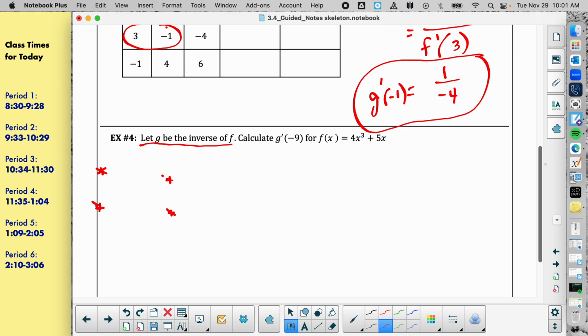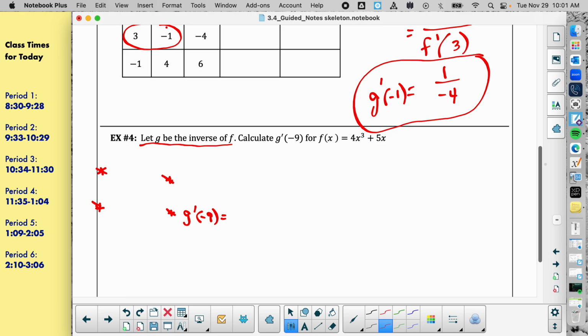So in my brain, the way this works, I'm going to have regular function values, regular function derivatives, inverse values, inverse derivatives. This says to calculate the inverse derivative of -9 as my ultimate goal.